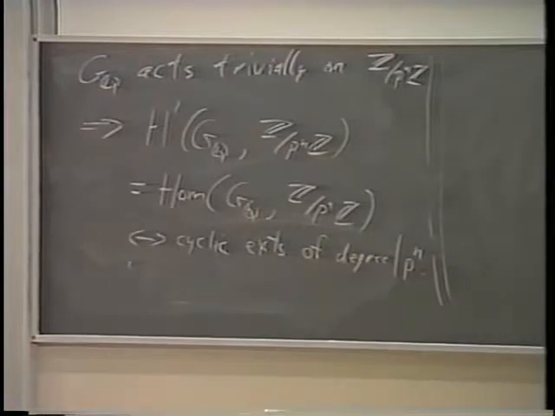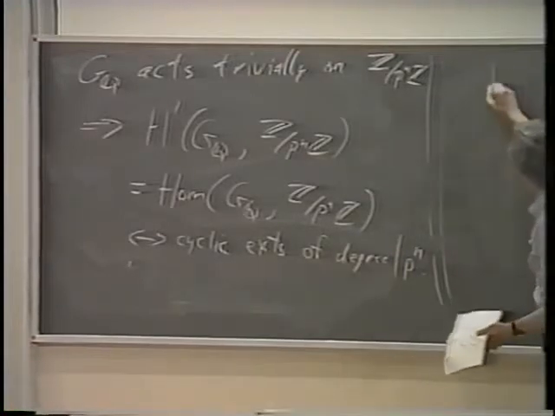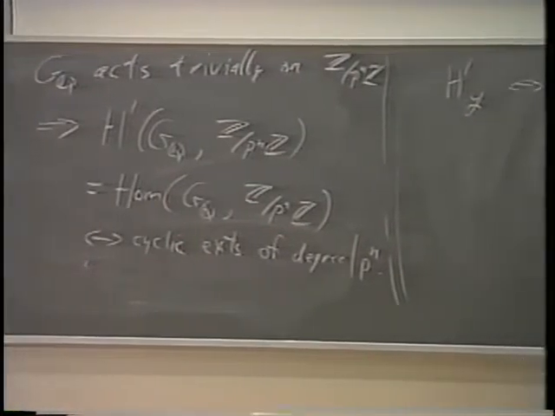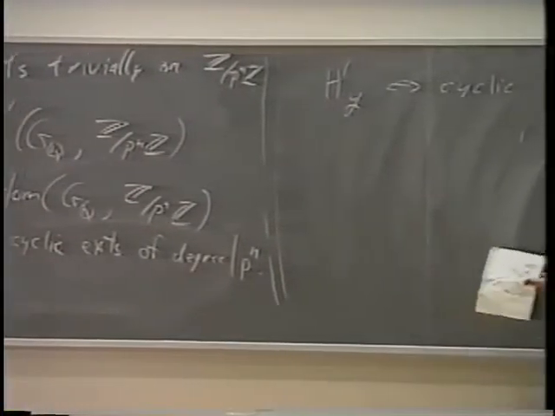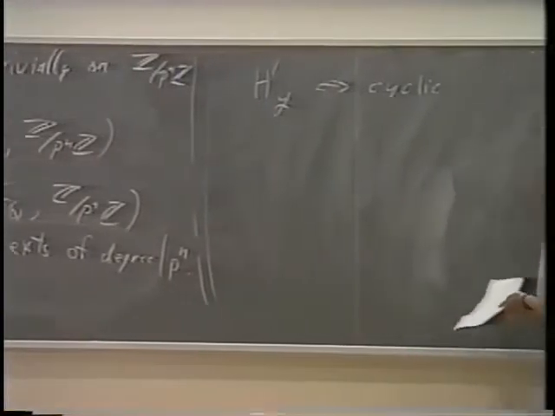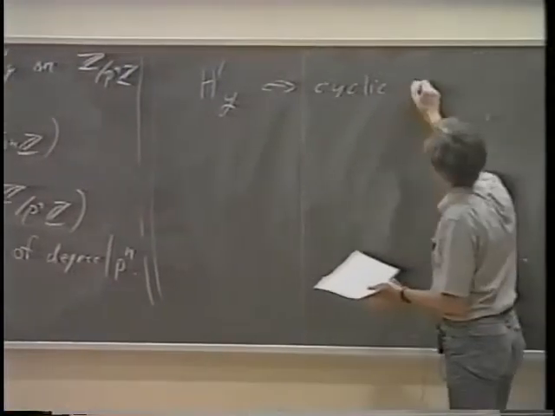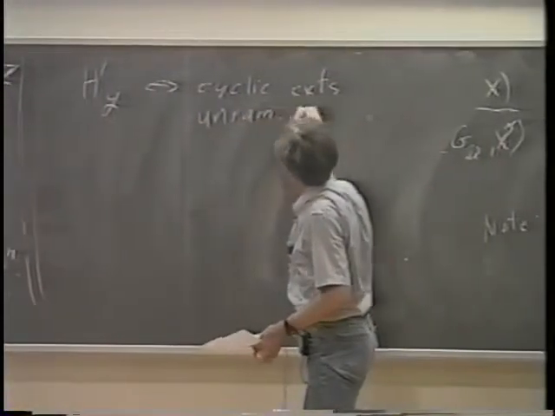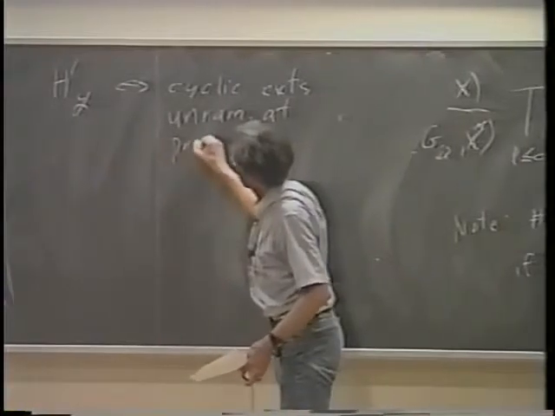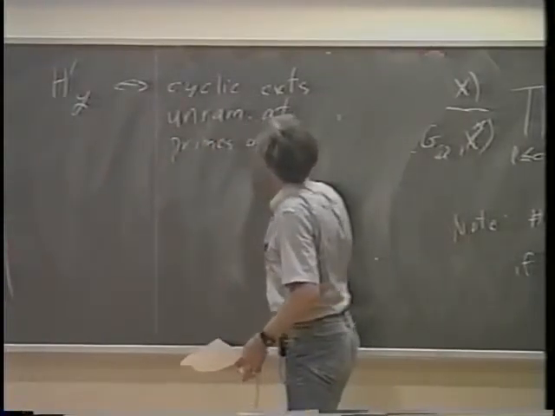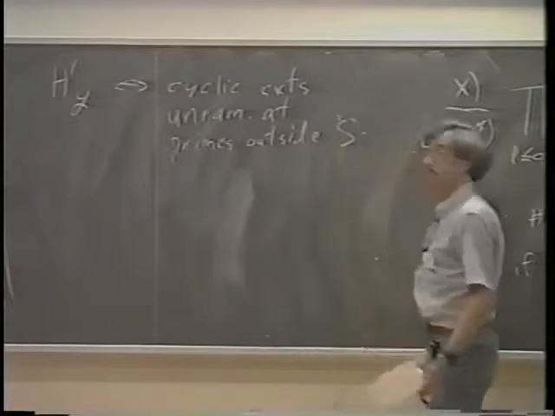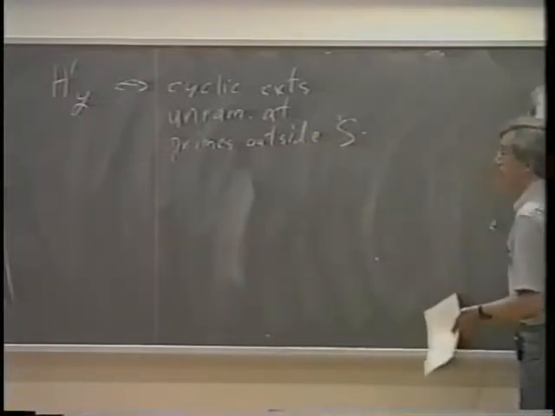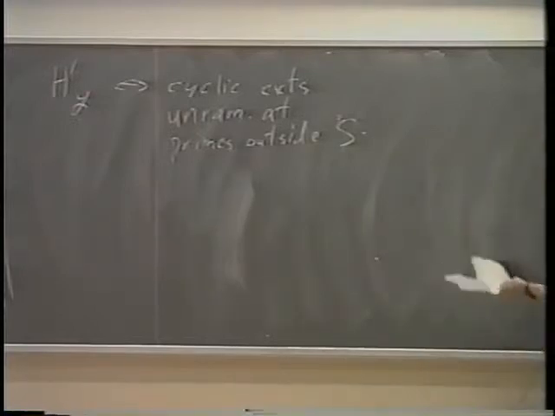So if we put in H1 sub L, that corresponds to cyclic extensions where the inertia group doesn't come into play, namely cyclic extensions that are unramified at the primes outside S. Well, we have a good supply of such extensions.